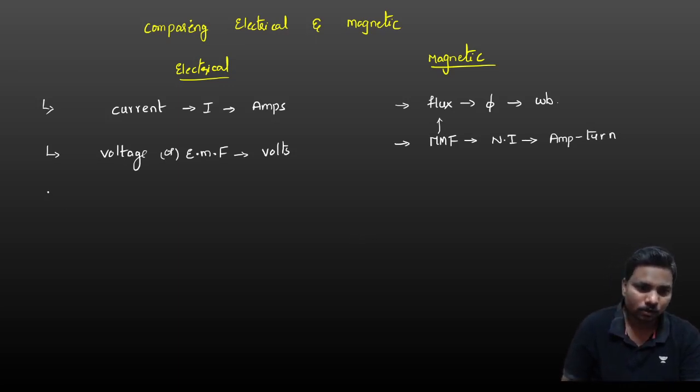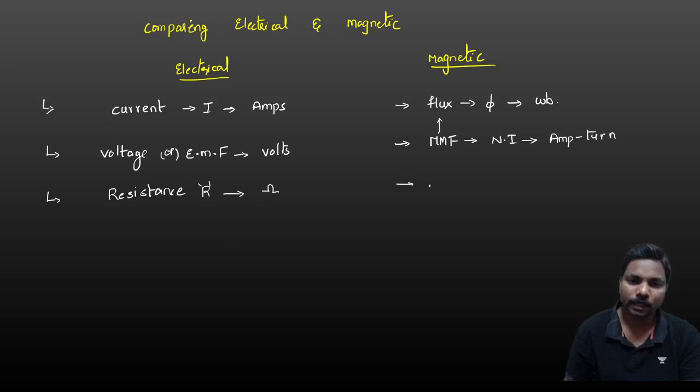Now here we have the resistance, which opposes the flow of current. Units are ohms. In the same place we have reluctance, which opposes the flow of flux, with units ampere turn per Weber.